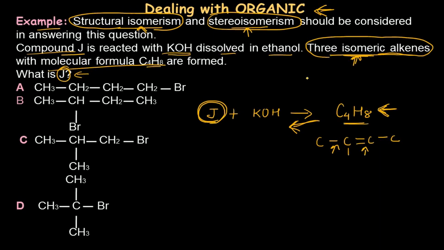Otherwise, just making a structure in the mind and trying to find out the answers is definitely going to lead to the wrong answer. So I always suggest that even if you have got an idea for the answers, work out the structure. Eliminate out the wrong options. Look for the correct answer at the end, but before concluding the correct answer, you need to again look at some of the keywords of the question and then finalize the correct option.